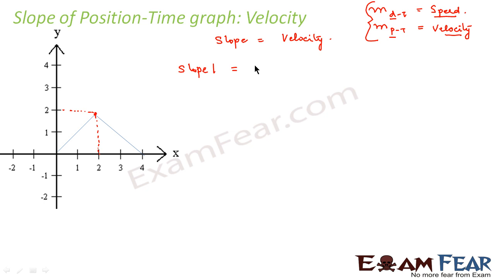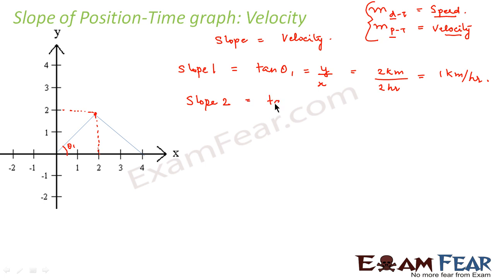The slope would be equal to tan theta 1, where we consider that this angle is theta 1. So this will be equal to y by x, which is equal to 2 kilometers by 2 hours. So this would be 1 kilometer per hour. So the slope of this line would be 1 kilometer per hour, or the velocity till this point would be 1 kilometer per hour.